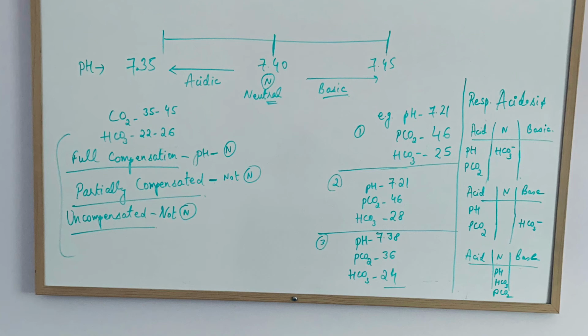So it means they are both trying to compensate and are compensating each other. So that's also a full compensation condition in the body. So this is an easy way to look for full compensation, partial compensation, and uncompensated conditions of acidosis and alkalosis.